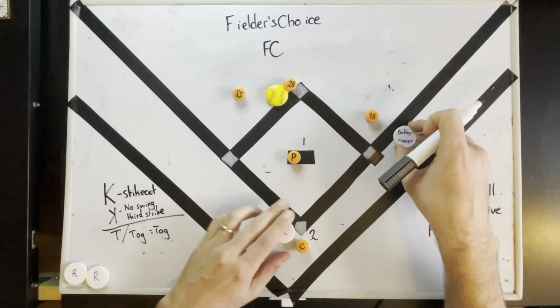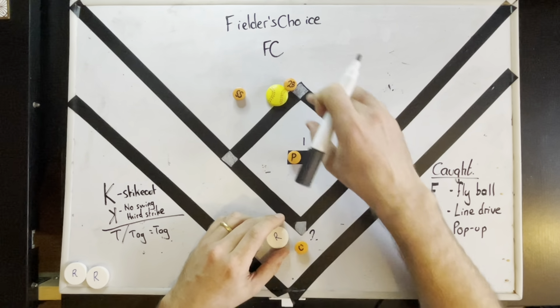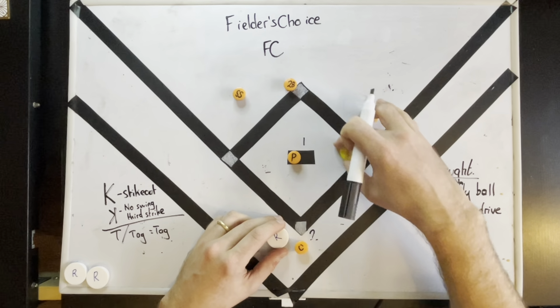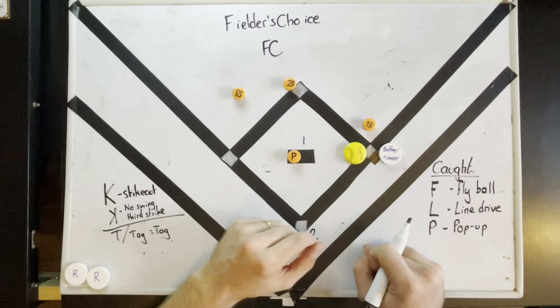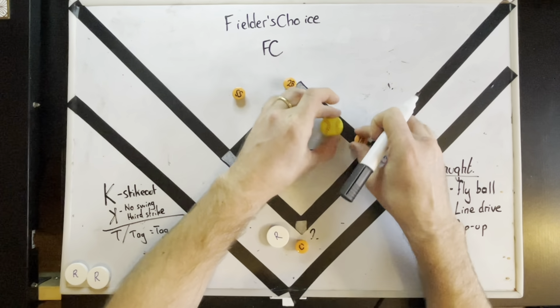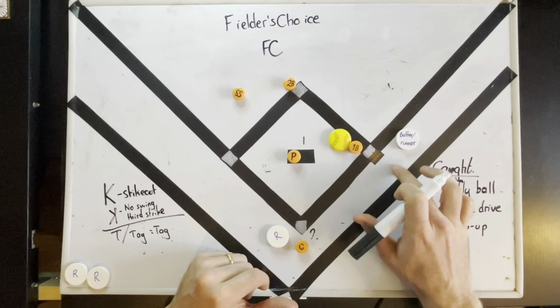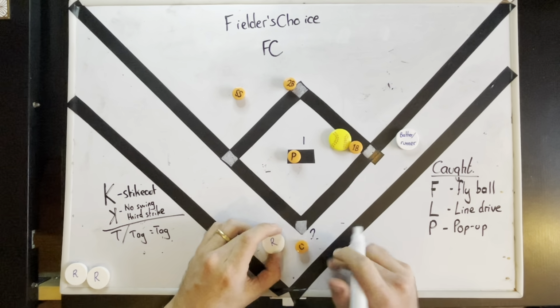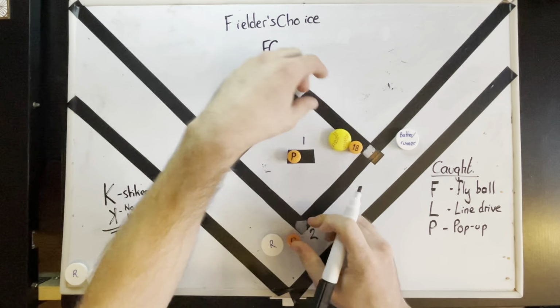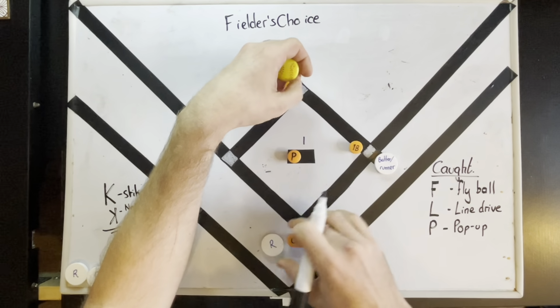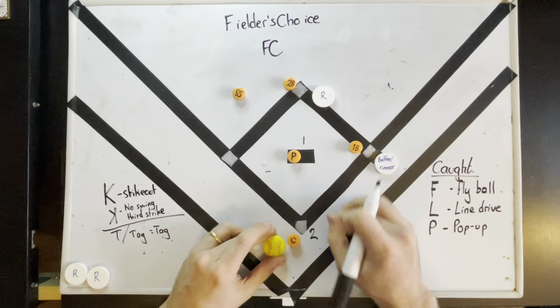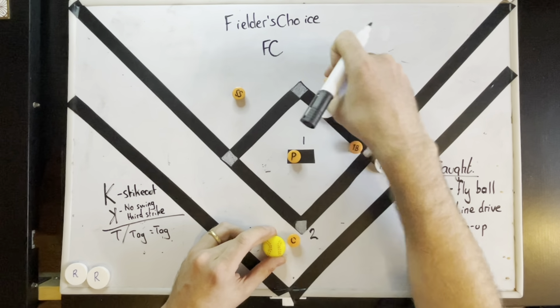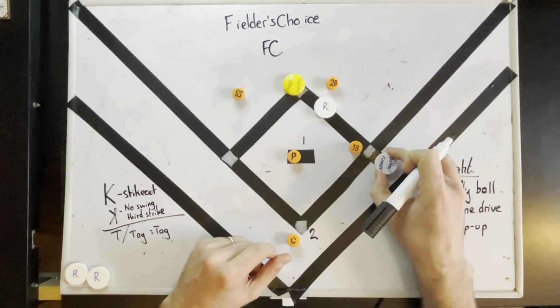The fielding side haven't turned it around to get a double play, or even if they have, it's been too slow. Basically, what we're saying is I only got to first base because the fielding side chose to get this runner out and not me.